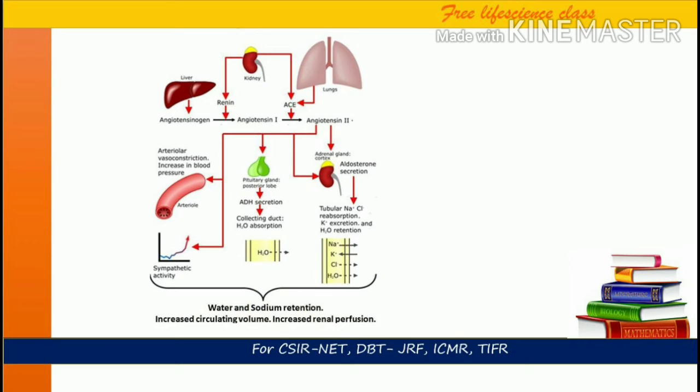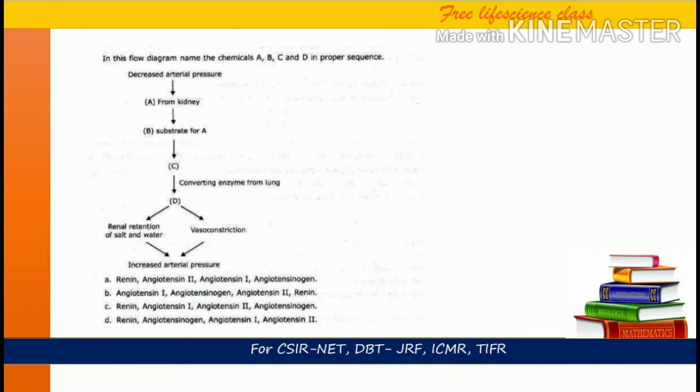Okay, now the four chemicals are ready, that is renin, angiotensinogen, angiotensin 1, angiotensin 2. Then this will help to increase the arterial pressure. So this is the way in which decreased arterial pressure is brought back to normal, that is it gets increased to normal. Okay, so the answer for this question is option D.